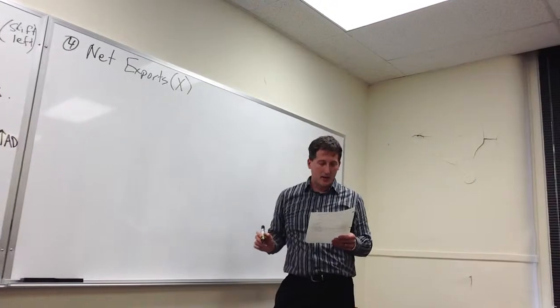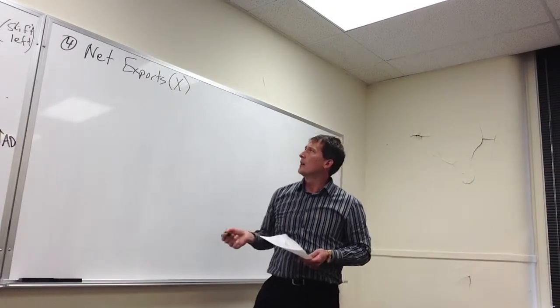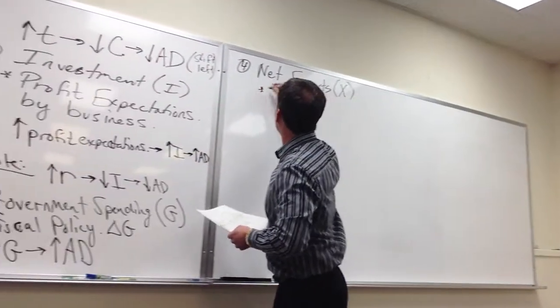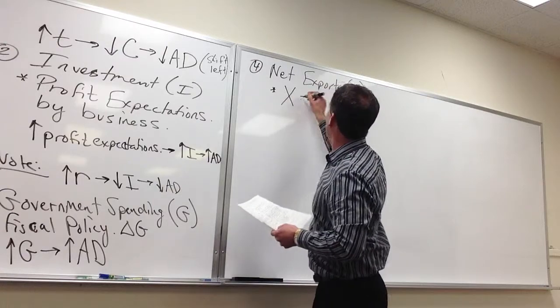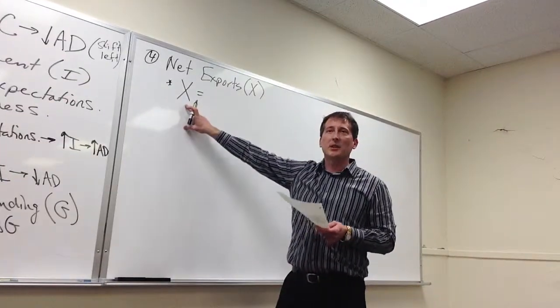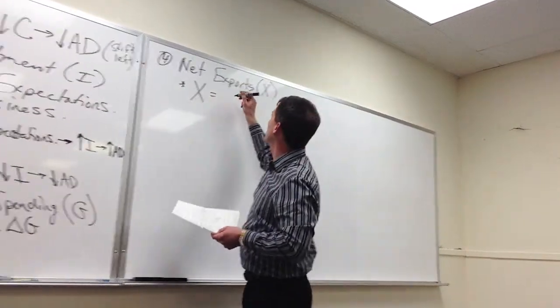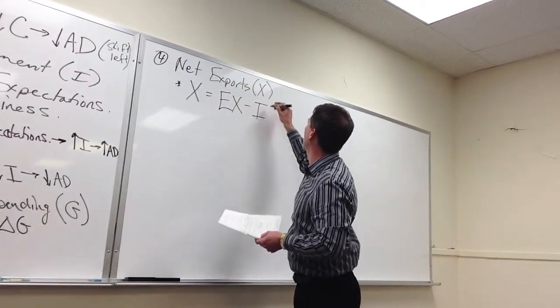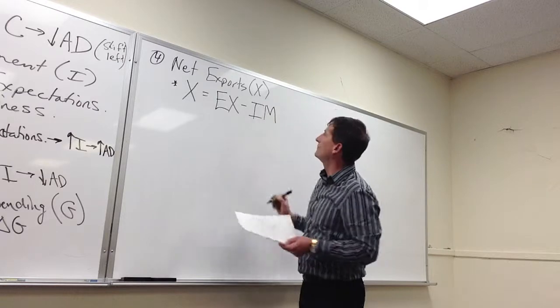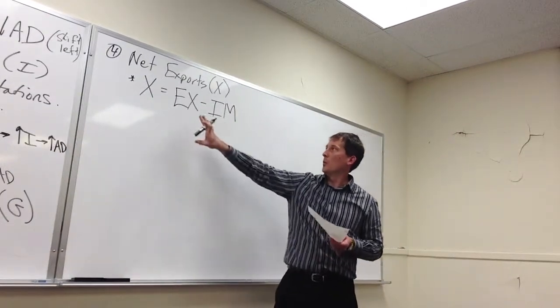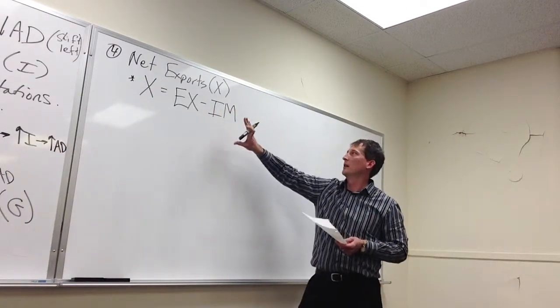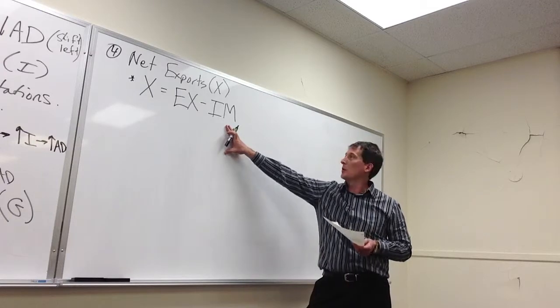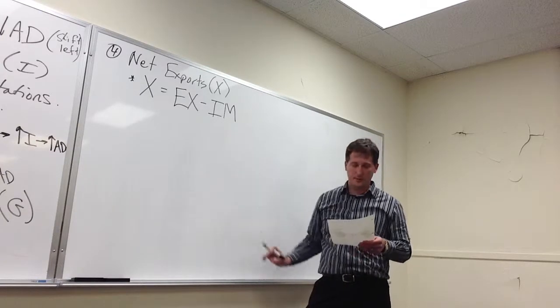From our cigarettes, it's always been X. Don't forget that the single big X here is equal to exports minus imports. What we sell to the rest of the world versus what we buy from the rest of the world. Net exports.